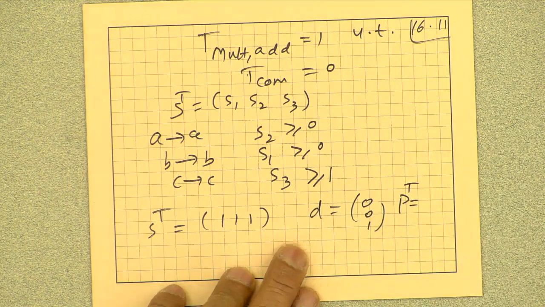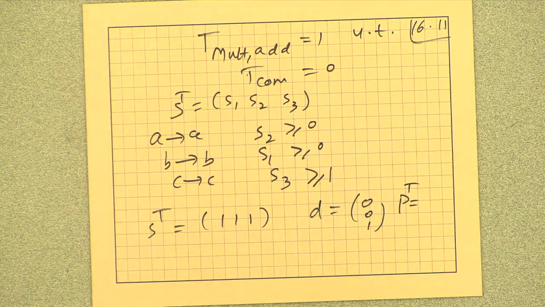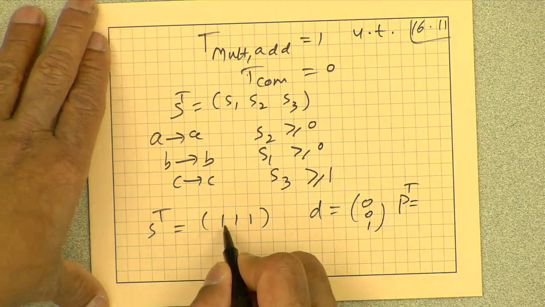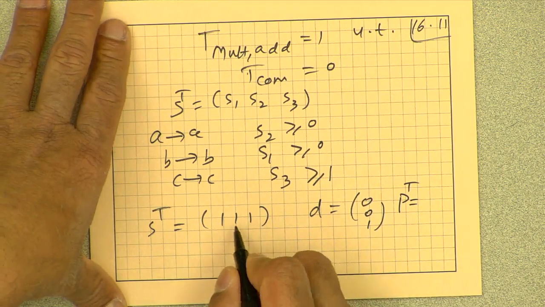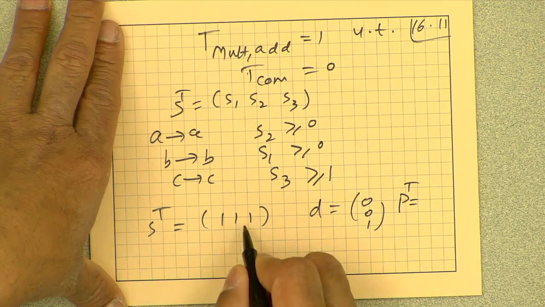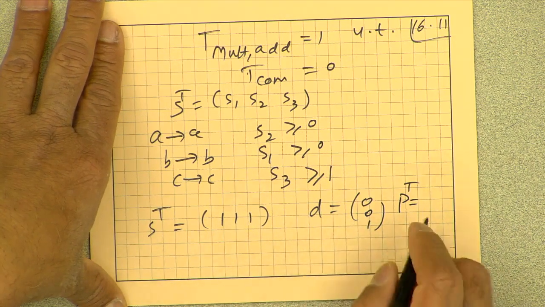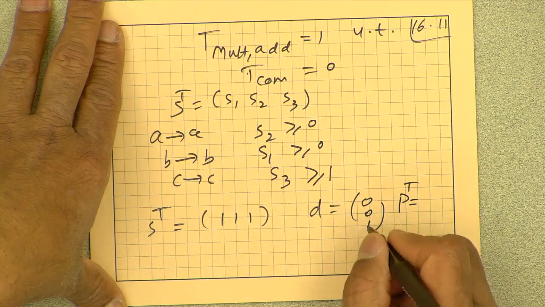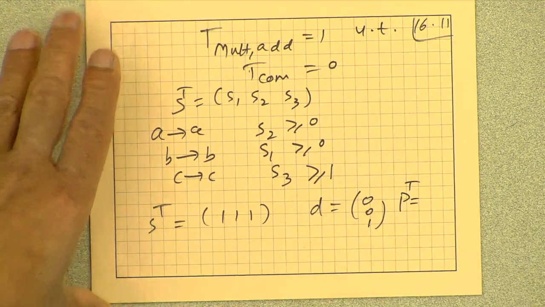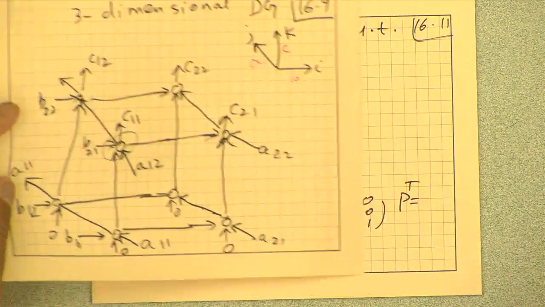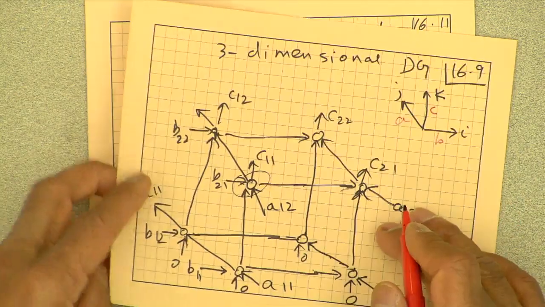Okay. So, first of all, what does this 1 1 1 really mean? That means the execution time of node index I will be i plus j plus k. What does D mean? Projection vector. What does this 0 0 1 mean? That means the projection vector is now in k direction.